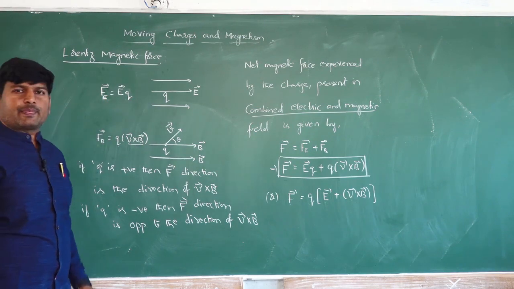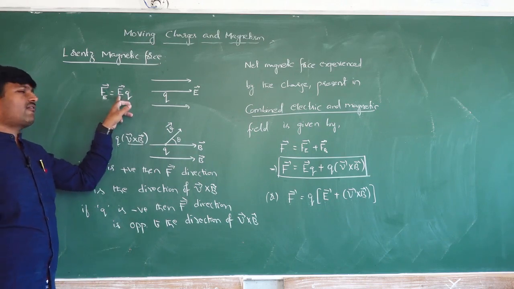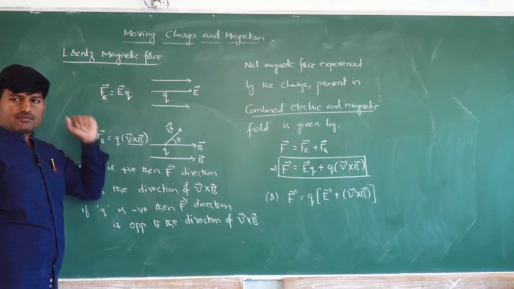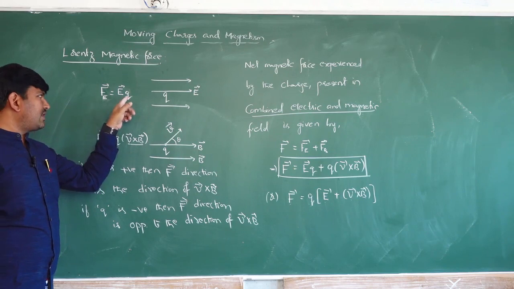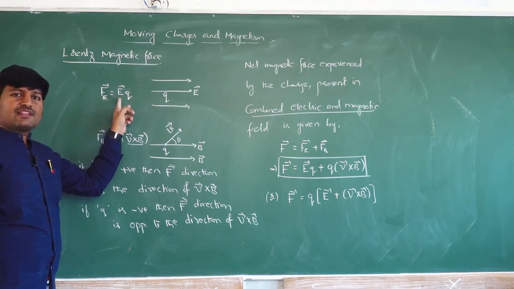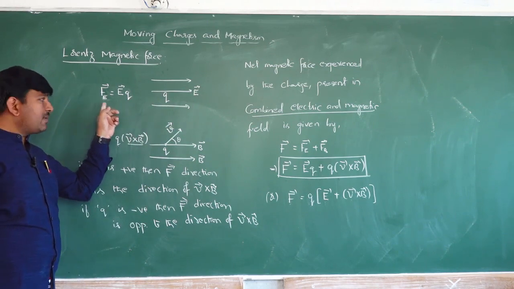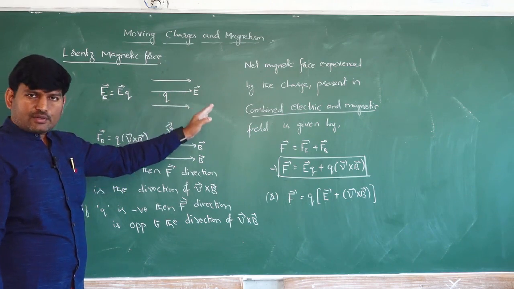For example, let us consider here this is a plus 3 nanocoulomb charge and electric field is directed towards positive x-axis. What is the direction of electric force? Here Q is plus 3 nanocoulomb, so it is a positive charge. Electric field is directed along the x-axis, therefore the direction of electric force will be the direction of electric field, so that force direction is along positive x-axis.